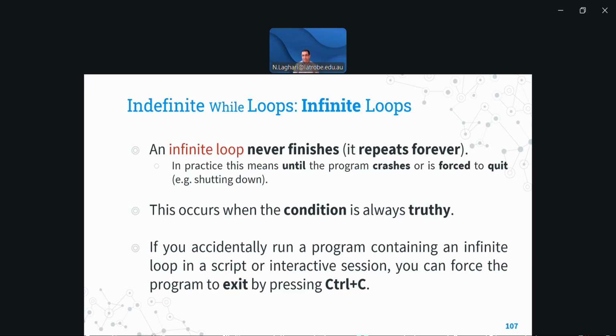For instance, in a routing device where packets are being routed to particular networks, we keep receiving packets from one network and routing them, and we want to keep doing that always.